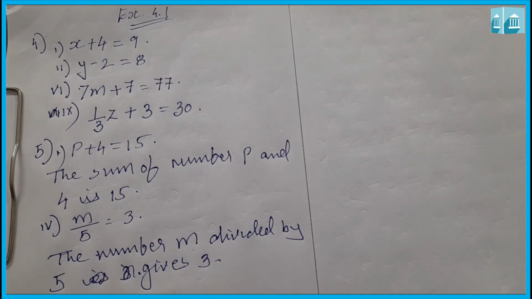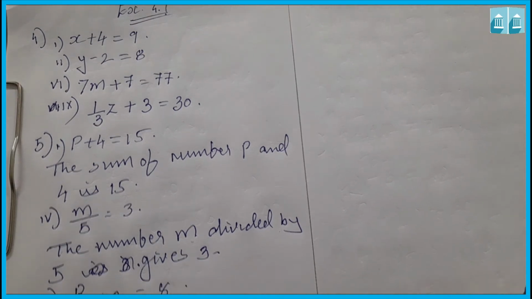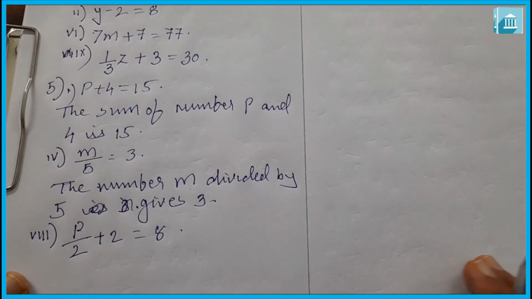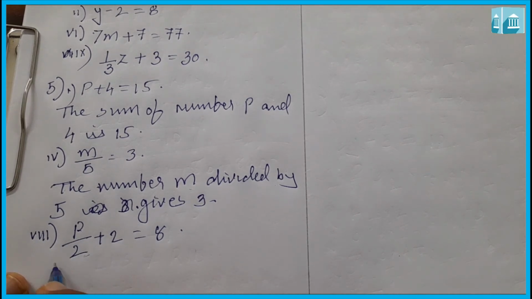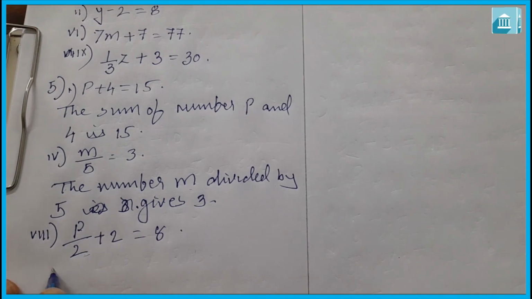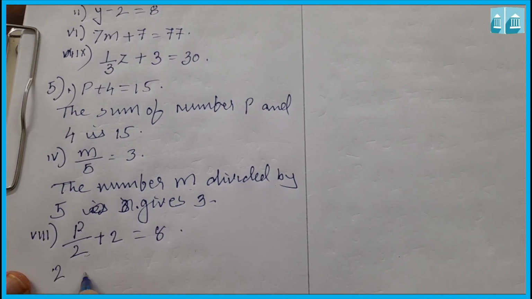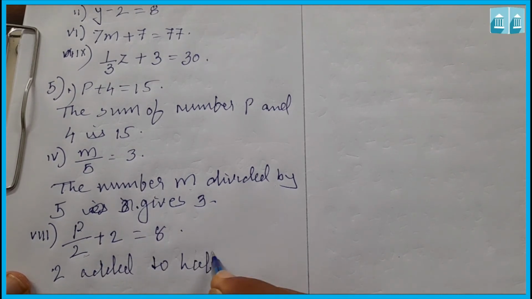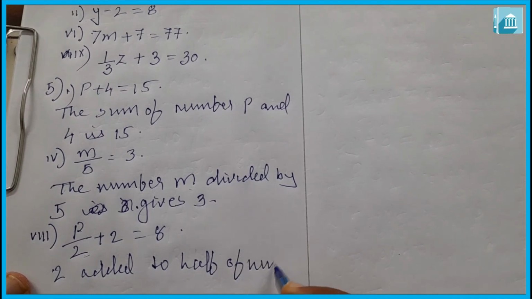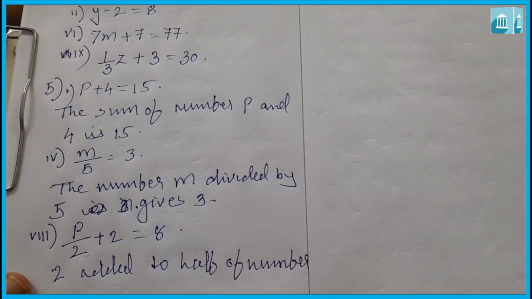Let us do the eighth one. The eighth one is p upon 2 plus 2 is equal to 8. So we can say that 2 added to half of the number gives 8.